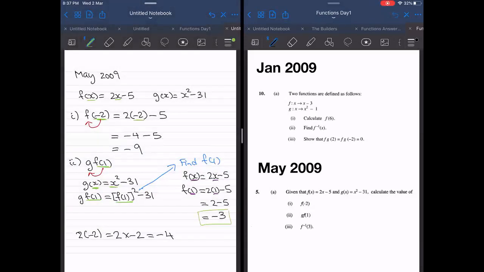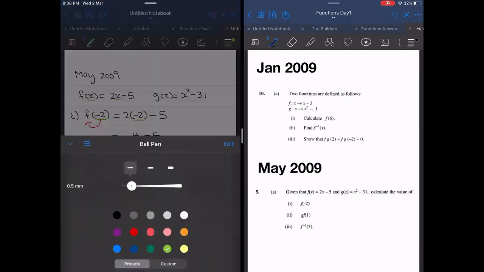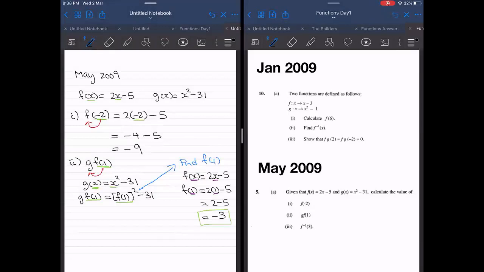So what we're basically saying is that we're going to have minus 3 squared minus 31. And what is minus 3 squared?